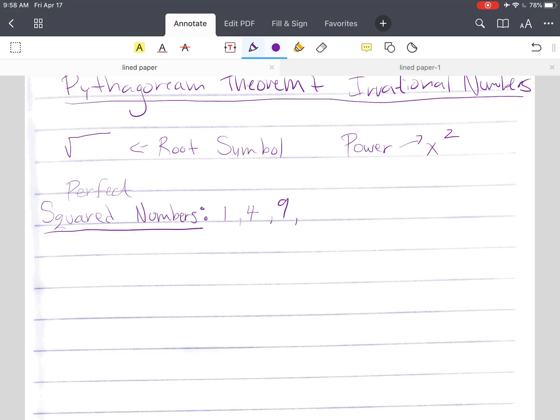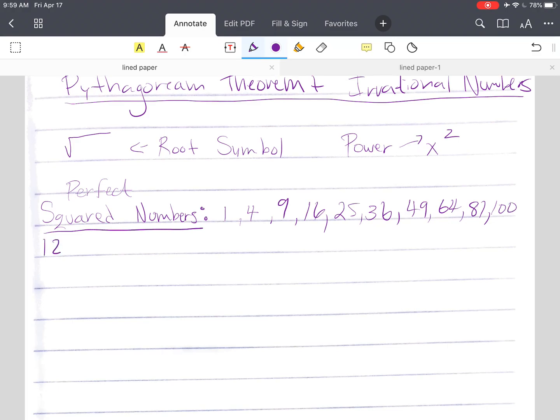What are other perfect squared numbers? 9, because 3 times 3 is 9. What's 4 times 4? 16, right? 25, 36, right? 5 times 5, 6 times 6. And just follow the pattern, okay? 49, 64, 81, 100.